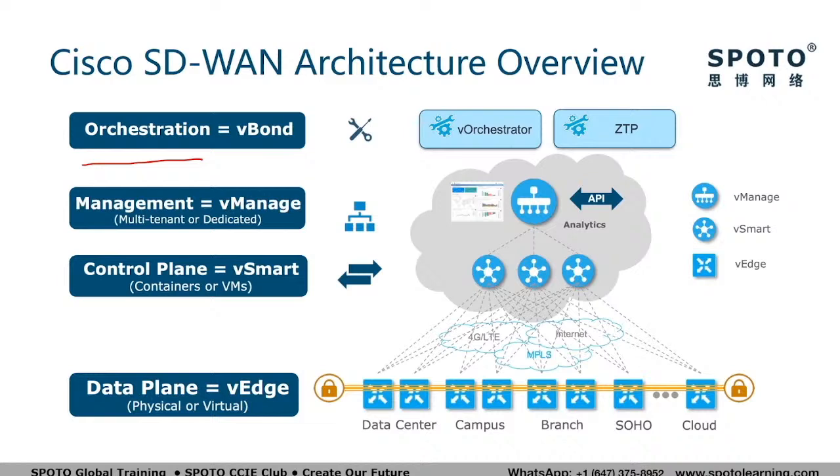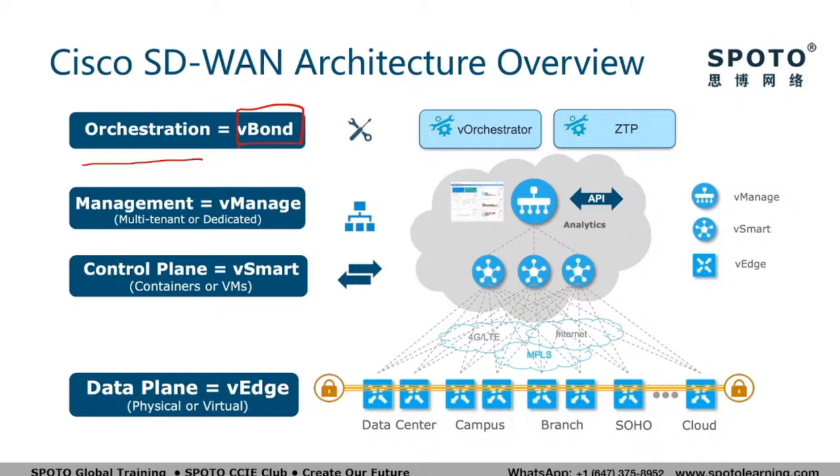It's the job of vBond. There is a component called vBond. The job of vBond is to direct the vEdge to find the right vSmart.